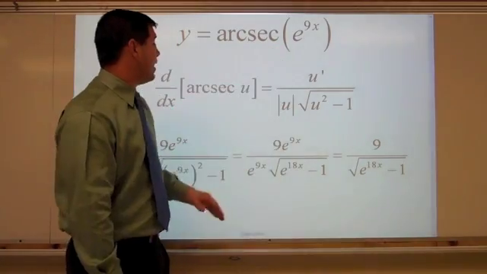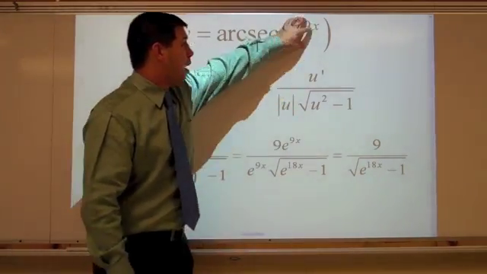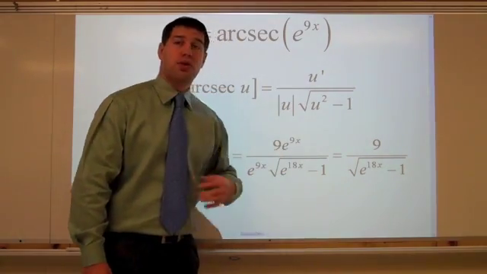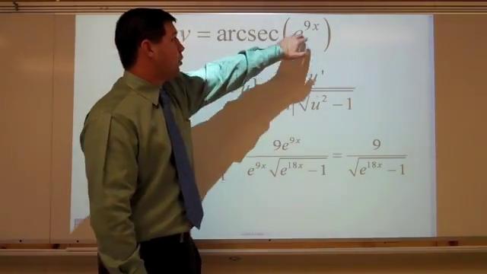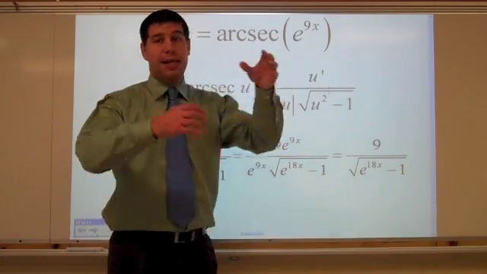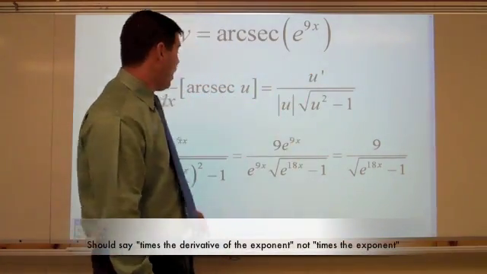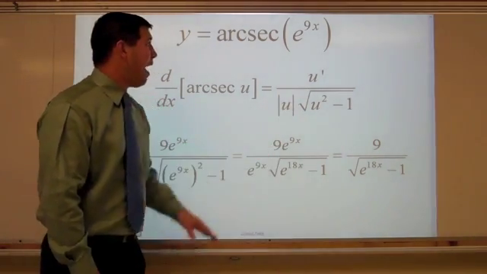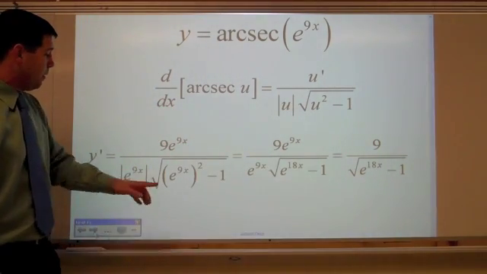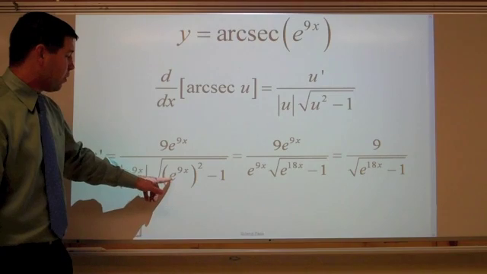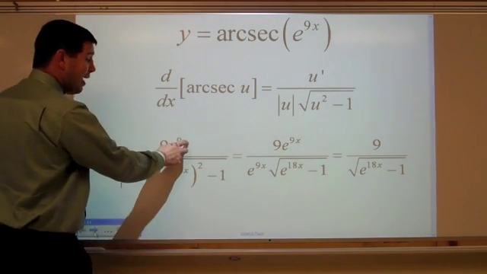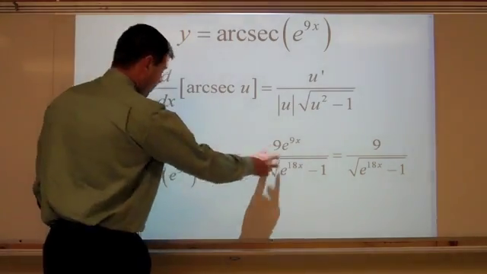So, derivative of arcsec is u prime over absolute value of u times the square root of u squared minus 1. Derivative of e to the 9x is e to the 9x times the exponent, so 9 e to the 9x over absolute value of e to the 9x times the square root of e to the 9x quantity squared minus 1. 9 e to the 9x stays.